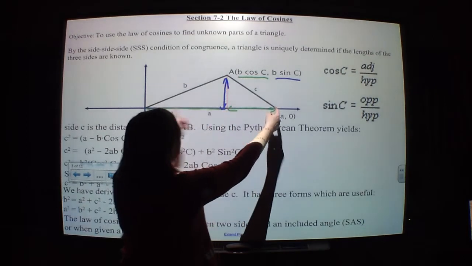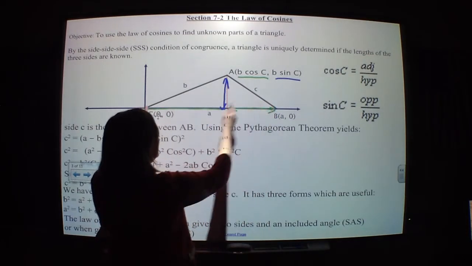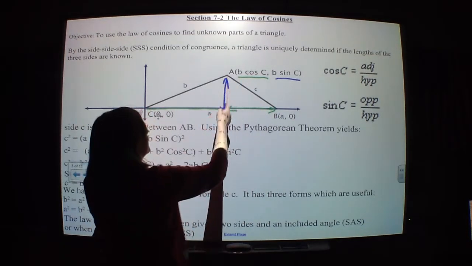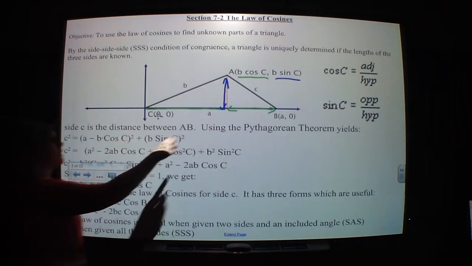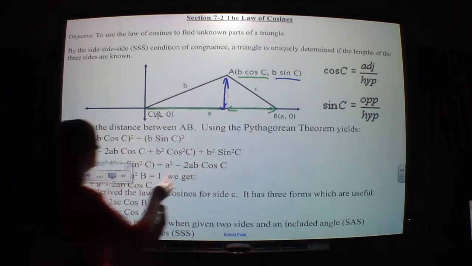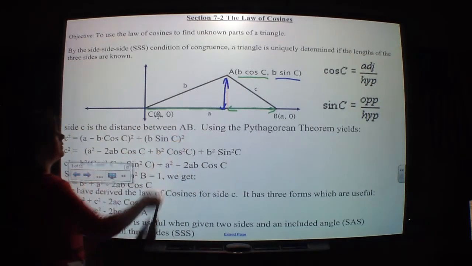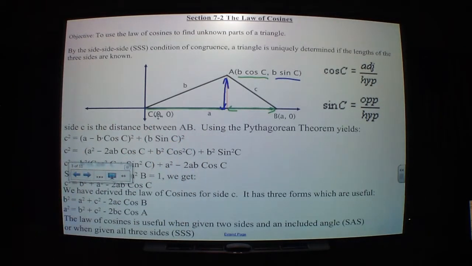Well, this leg is equal to the whole thing, which is a, minus this part, b cosine of c. So that's what I have there. So there's my leg squared. Here's my other leg squared, is equal to my hypotenuse squared. FOIL.